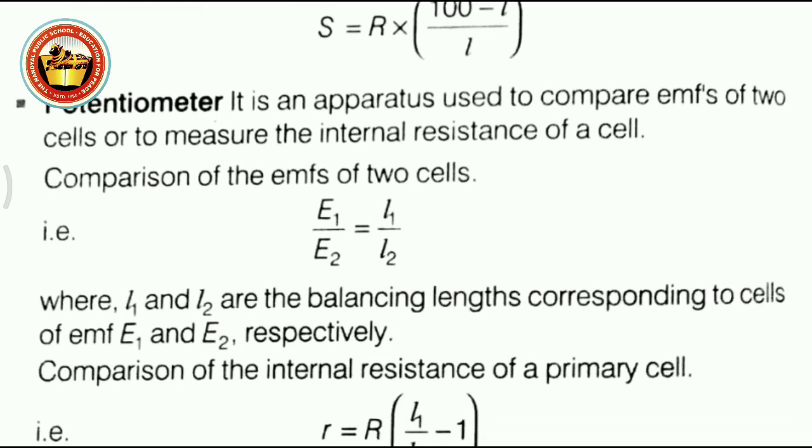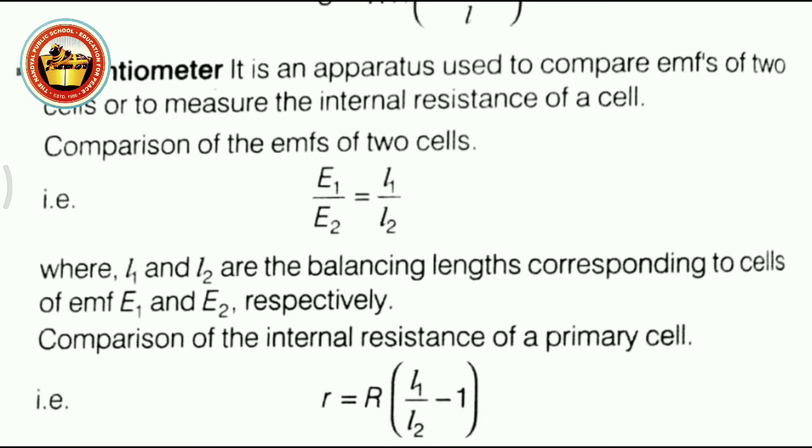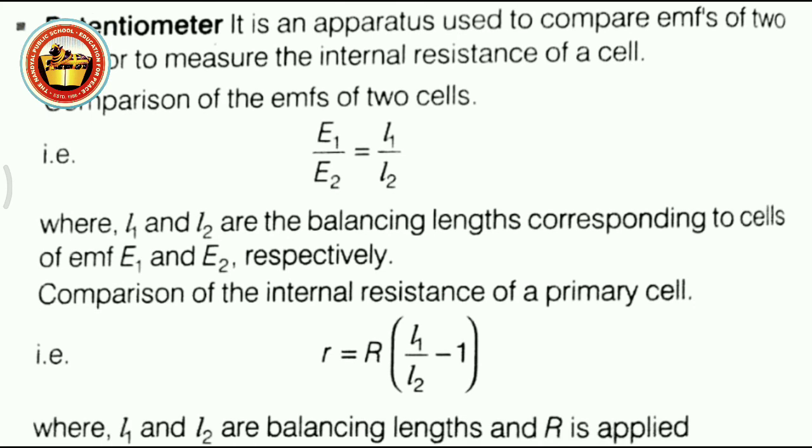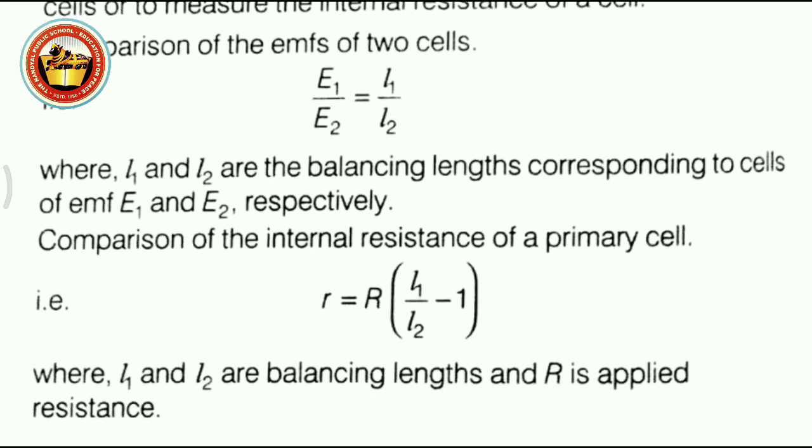It is an apparatus used to compare EMFs of two cells or to measure the internal resistance of a cell. Comparison of the EMF of two cells E1 by E2 is equal to l1 by l2, where l1, l2 are the balancing lengths corresponding to cell of EMF E1 and E2 respectively.